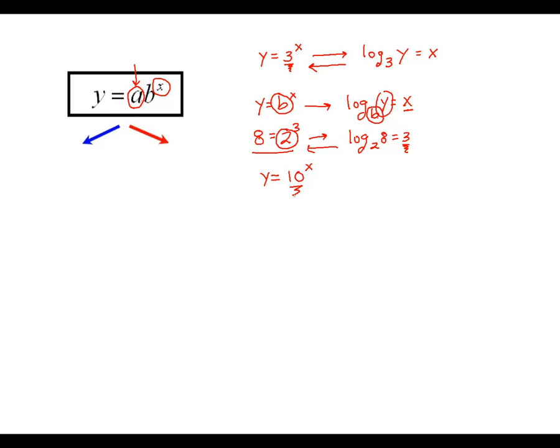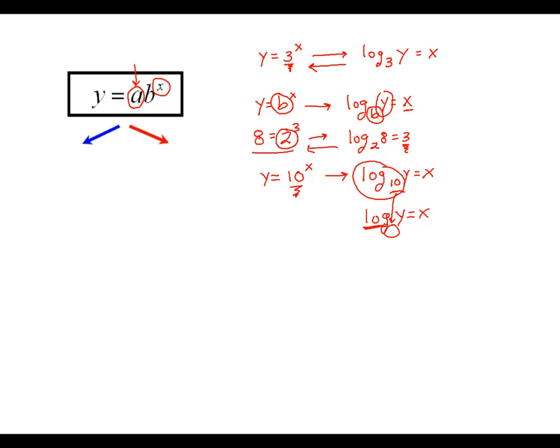So base 10 is the most common base. When we look at that as a logarithm, that would be log base 10 of y equals x. Since 10 is the most common base, when we write this just as a log with no base, we don't put a number here, it's automatically implied to be base 10.